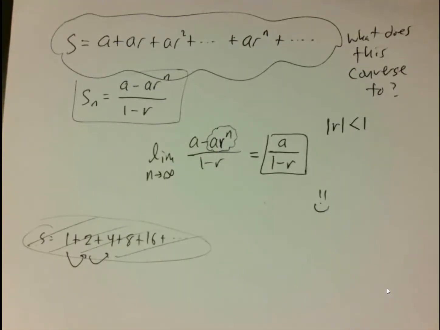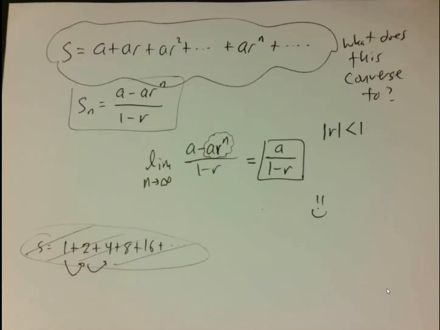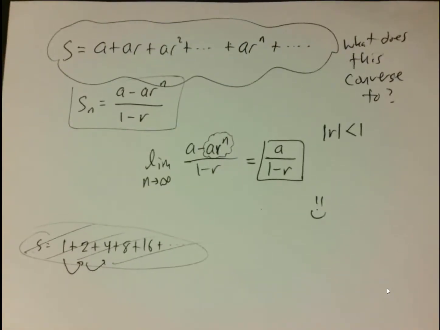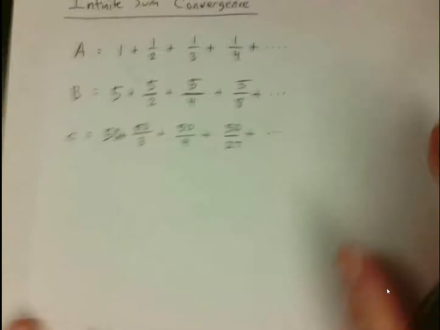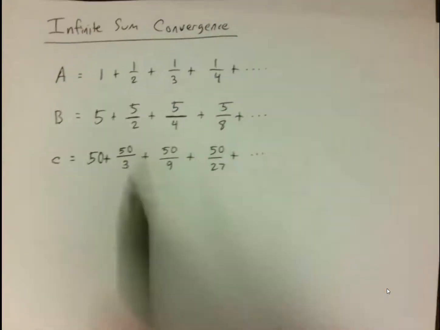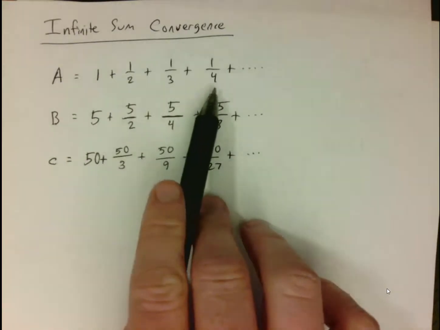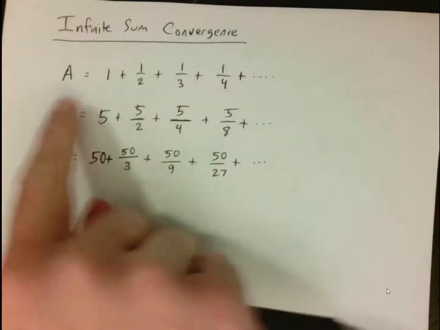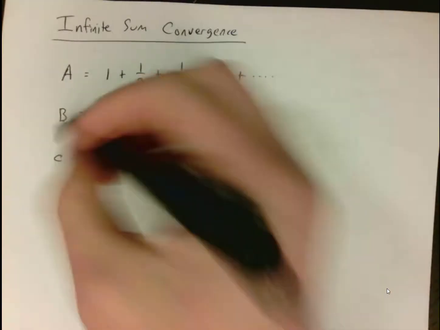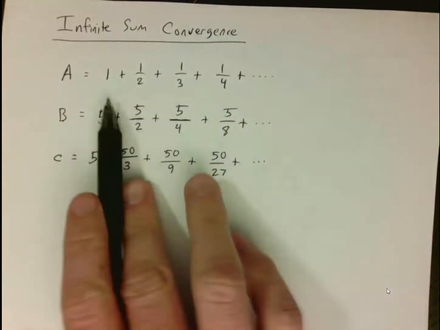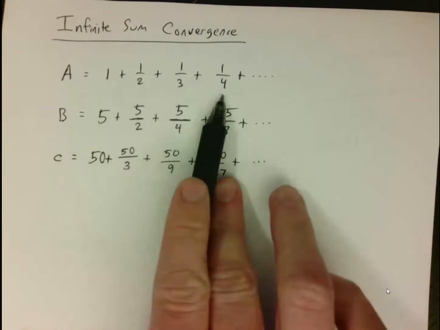What about series that are not geometric? In that case, you can still try and do the same thing. Well, here, let's look at this one. So here I've got 1 plus 1/2 plus 1/3 plus 1/4. If I wanted to try and show that this converges, because my intuition says maybe it does, you know, each term is getting smaller, approaching 0.